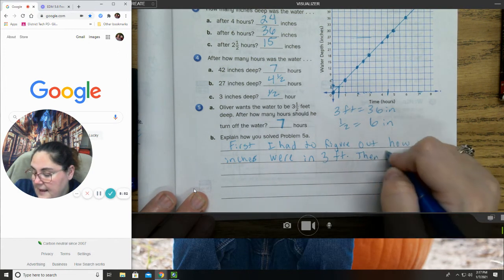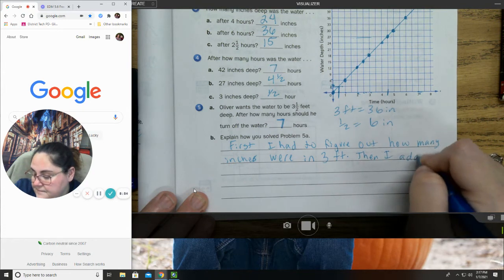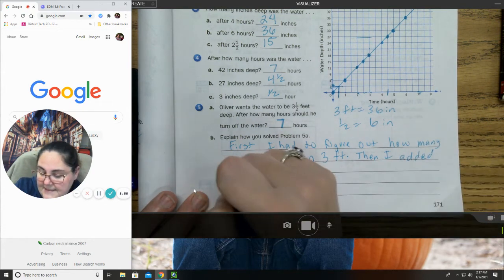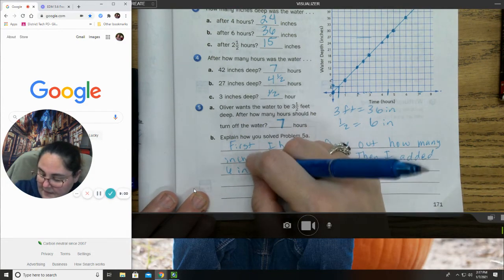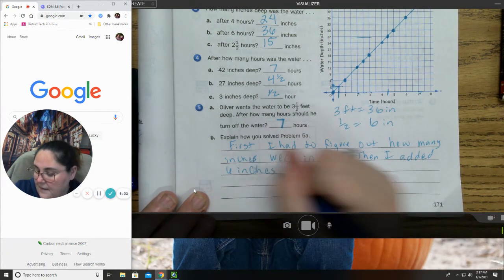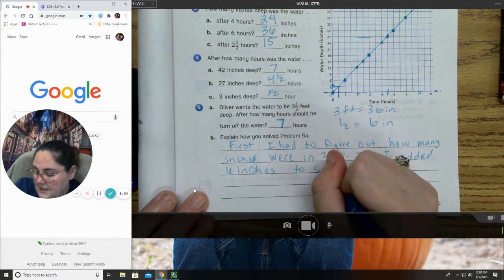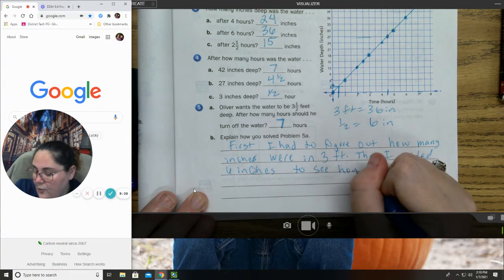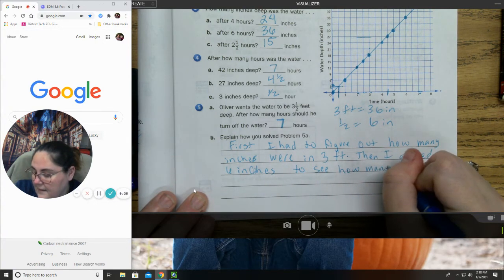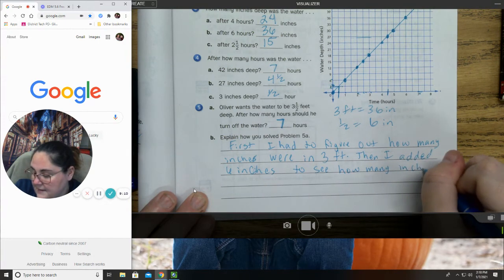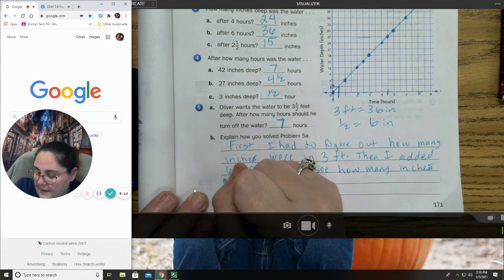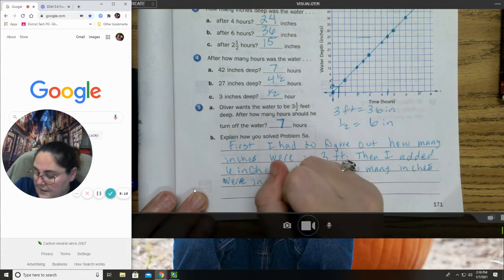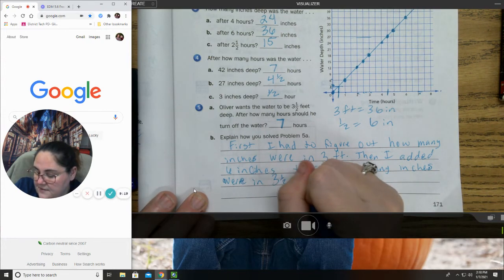Then I added 6 inches to see how many inches were in 3½ feet.